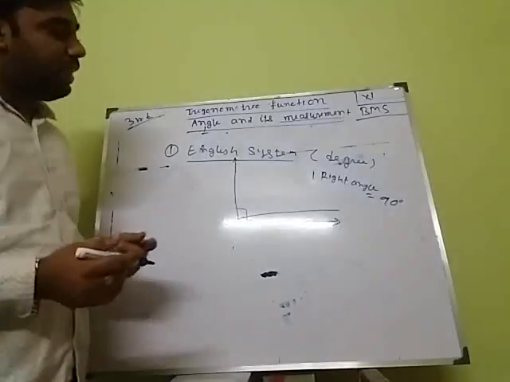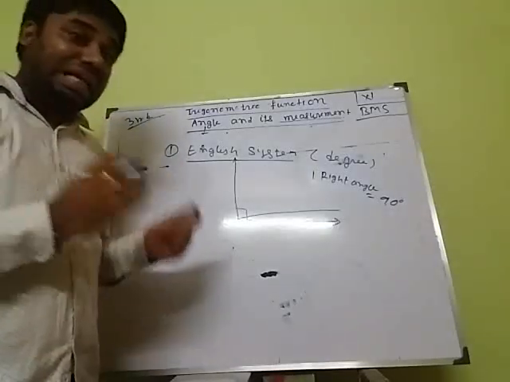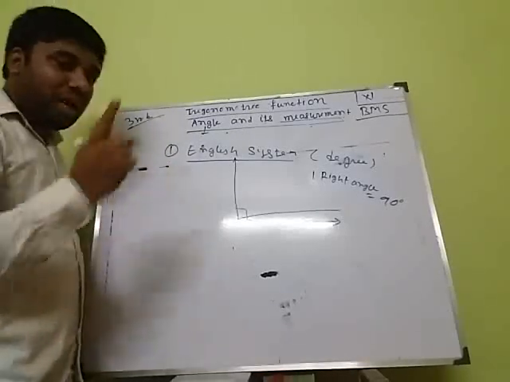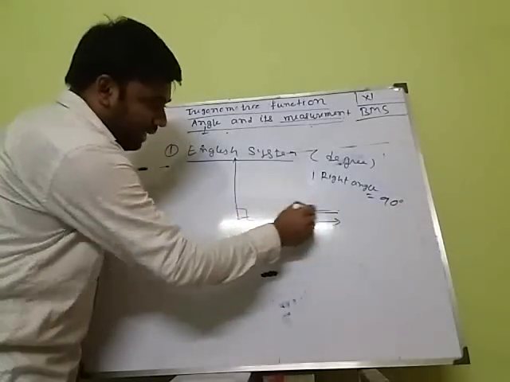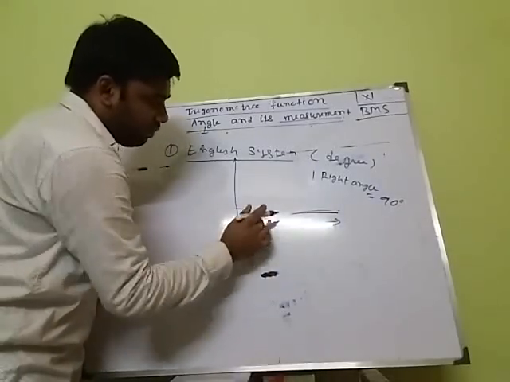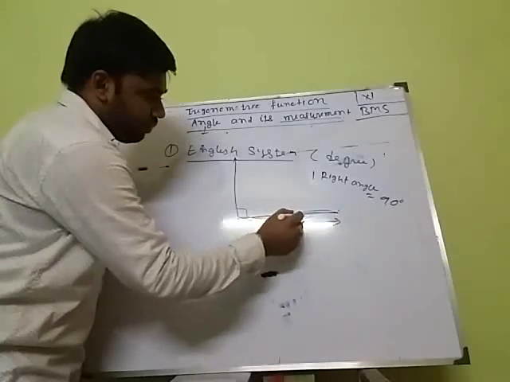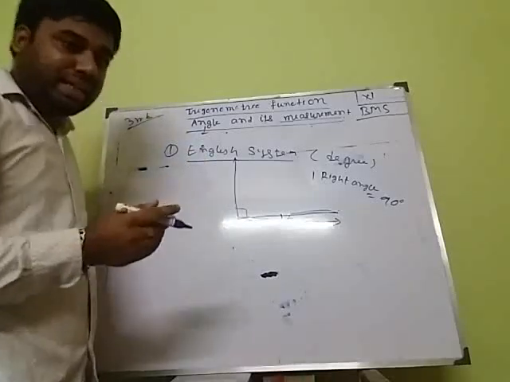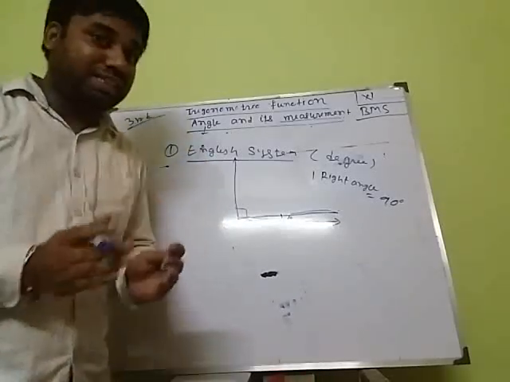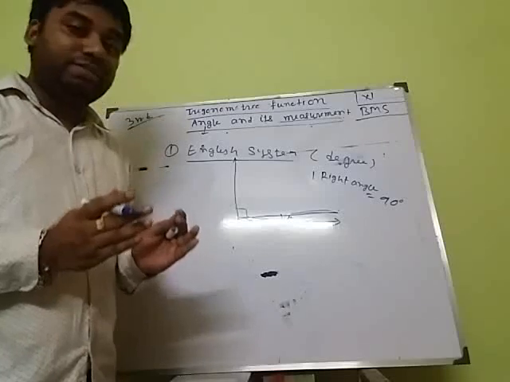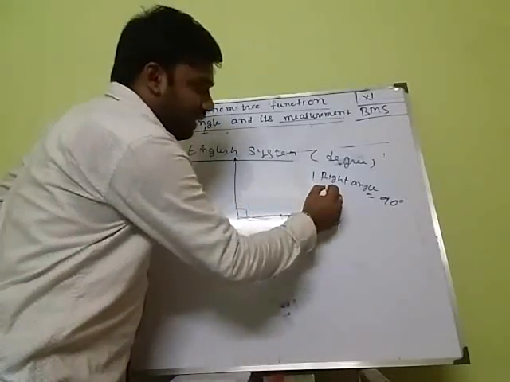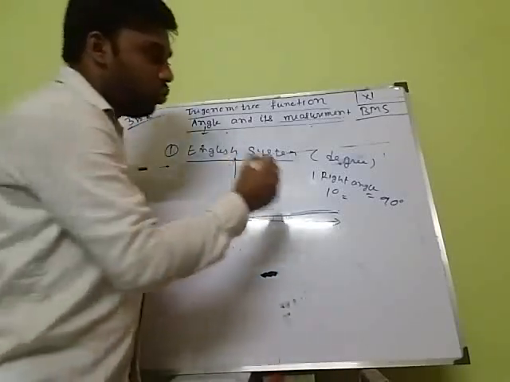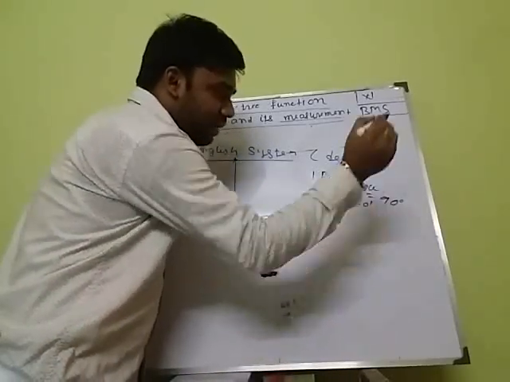Now next, if I want to measure an angle less than 1 degree, then 1 degree is divided into 60 parts. Each part is called 1 minute. So 1 degree is 60 minutes.